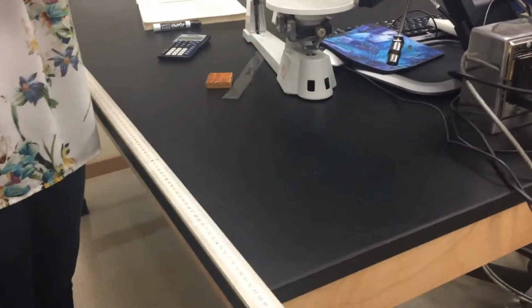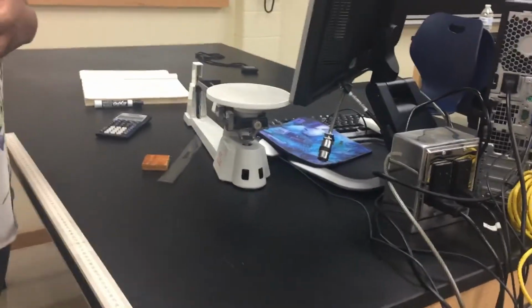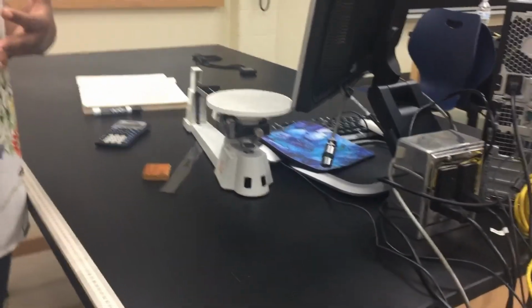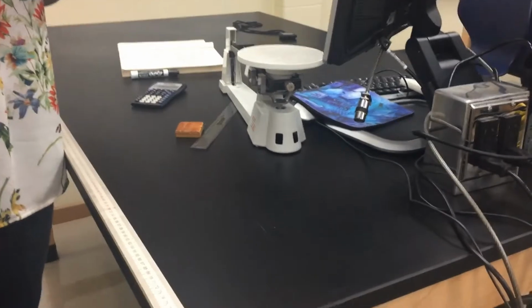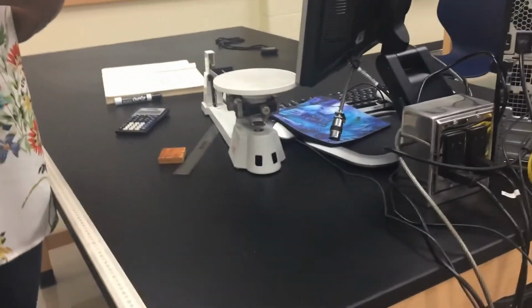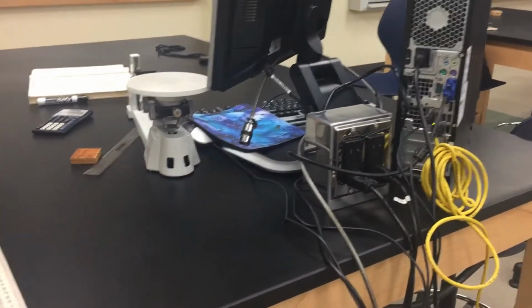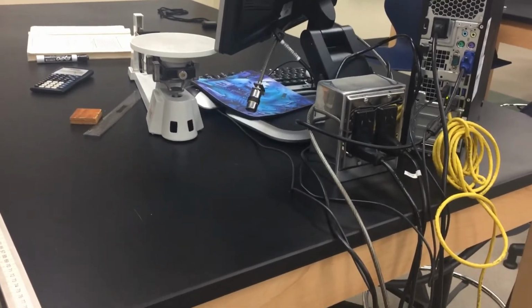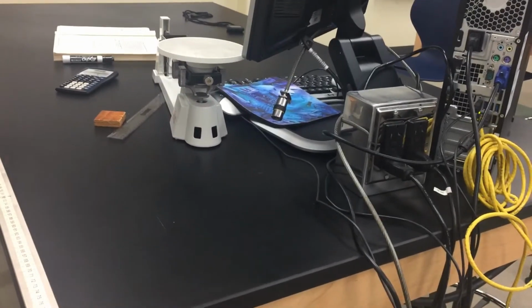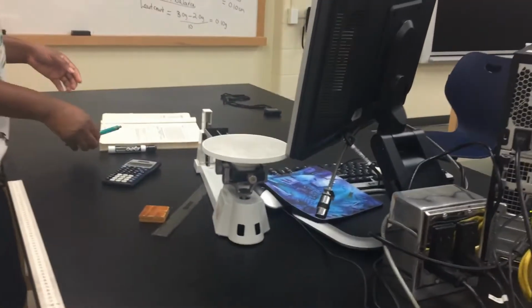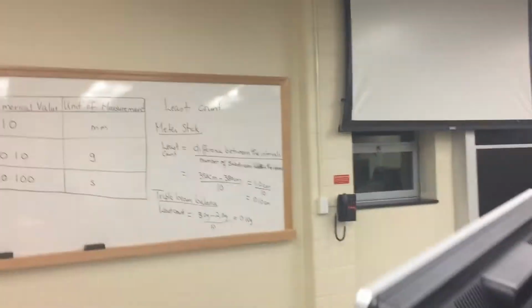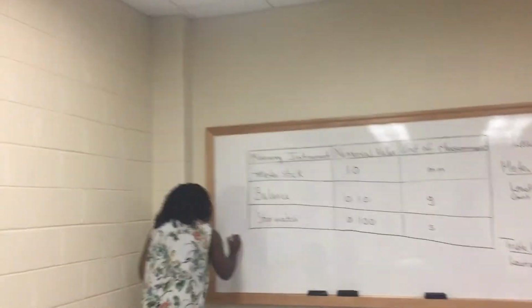Now, whenever you measure anything using a measuring device, your last digit needs to be an estimated digit. So because it's exactly 182.5, my estimated digit will be 182.50. So I'm going to write that down on the board. The length of the table.